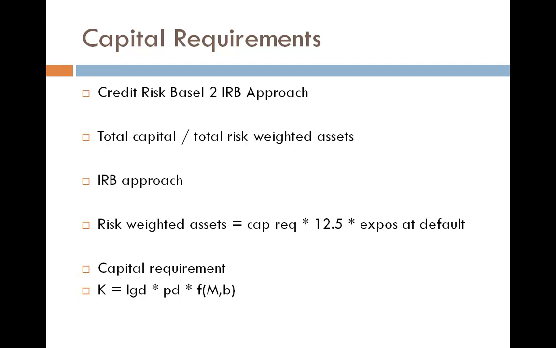So when everything is done, the capital requirement for credit risk under the IRB approach is computed by something called an asymptotic single risk factor model, also known as ASRF. The ASRF is used to calculate the capital requirement, which is the conditional expected loss minus expected loss, times the maturity adjustment.